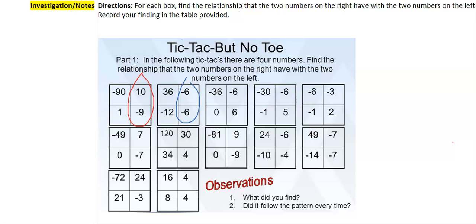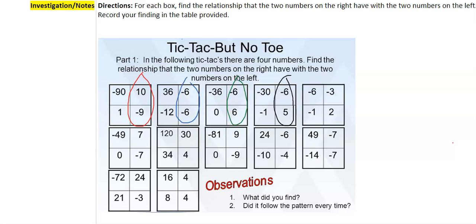So our pattern still holds true for our second box. Let's look at our third. -6 times 6 does equal -36. And if I add them together, -6 plus 6 does equal 0. So our pattern holds true there as well. If we continue on and check, you will notice that all of these follow the same pattern.